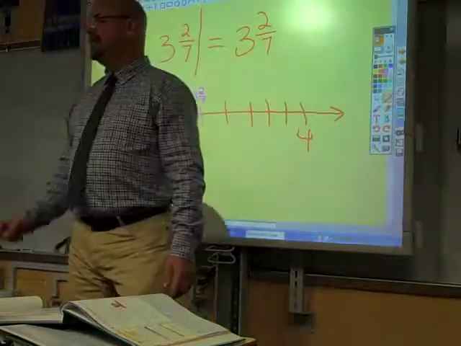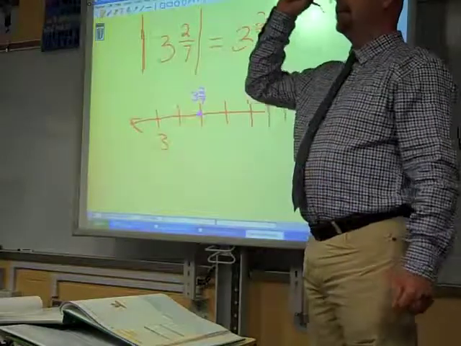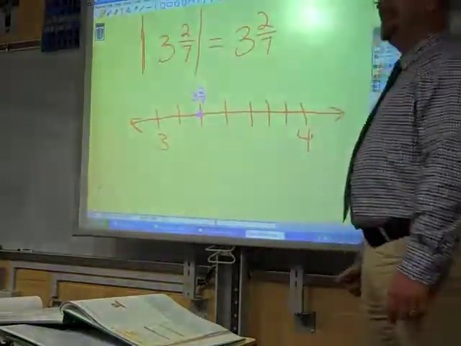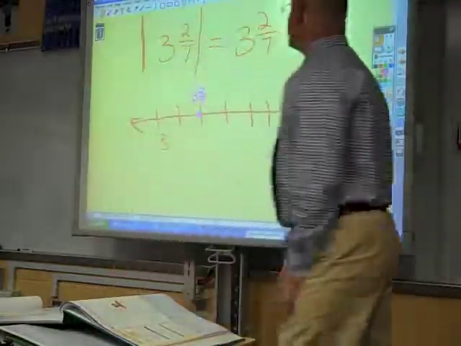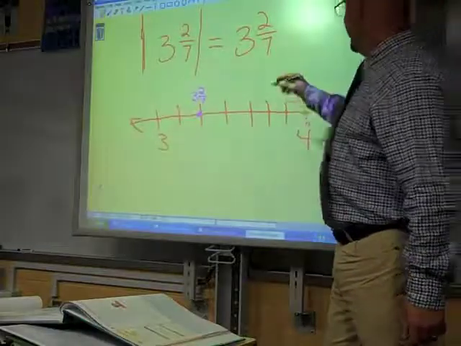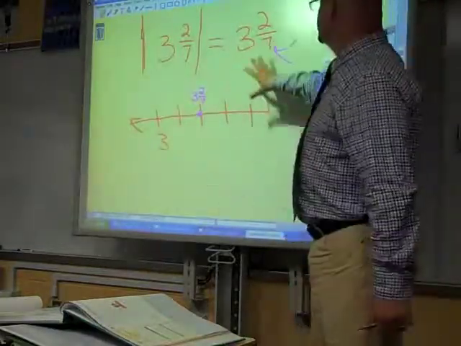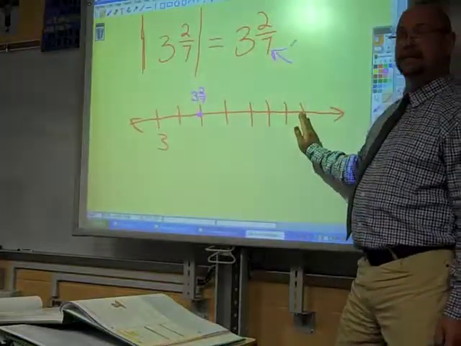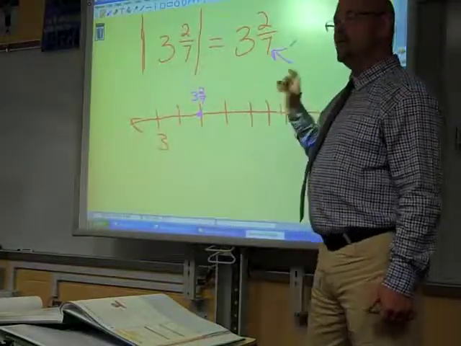Anybody know where you find that key? How will I know that all the time? Christian, yes. We find out about the denominator. If you're trying to put a fraction on the line, use the denominator as the number of sections you want to divide it into, and then the numerator tells you how many to count over. So make a note of that.